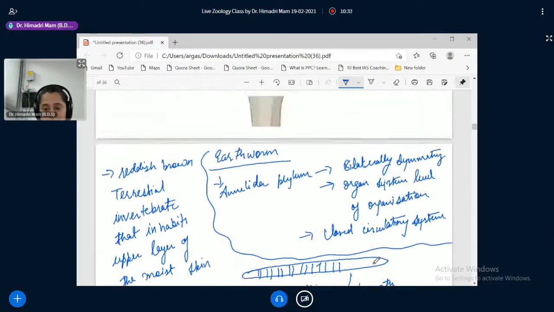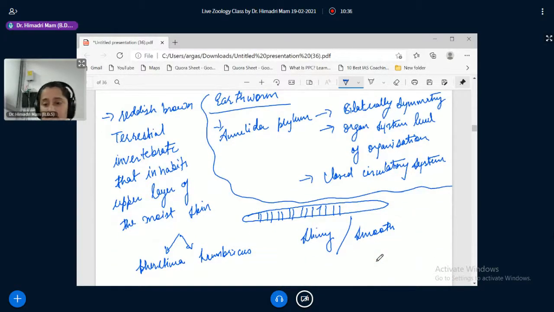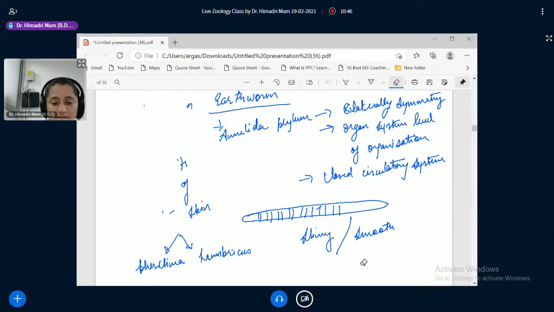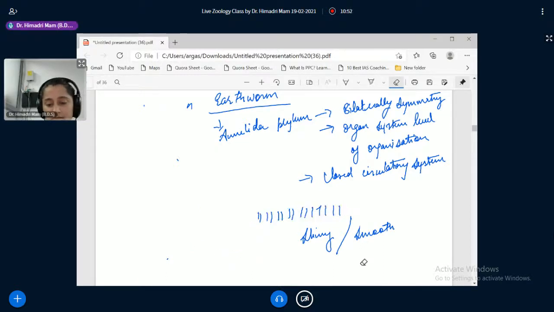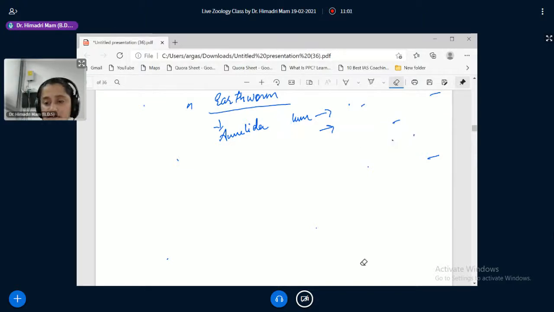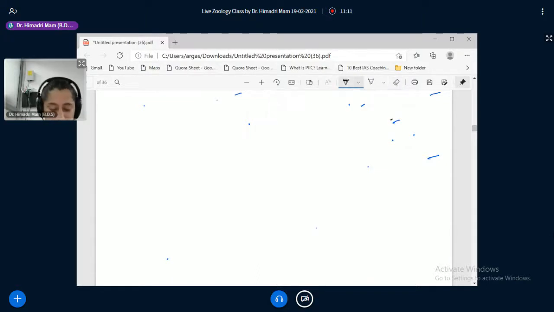Now, if we start about the morphology, it has a cylindrical body.